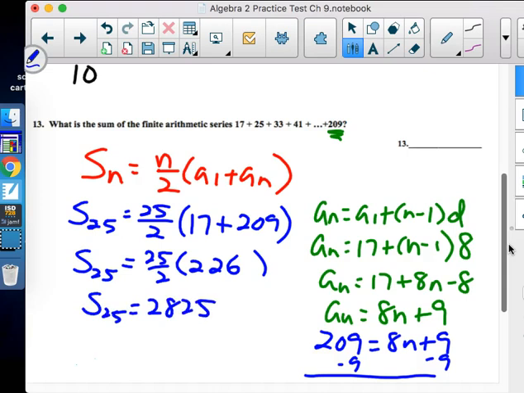Beautiful answer for my little slot over here. Ta-da! So if anything's ever missing from one of your sum formulas, find it by using the rule. All right.